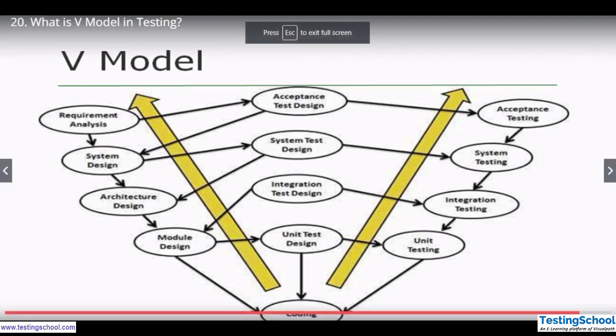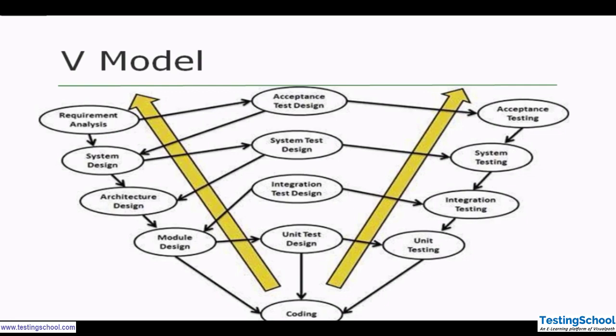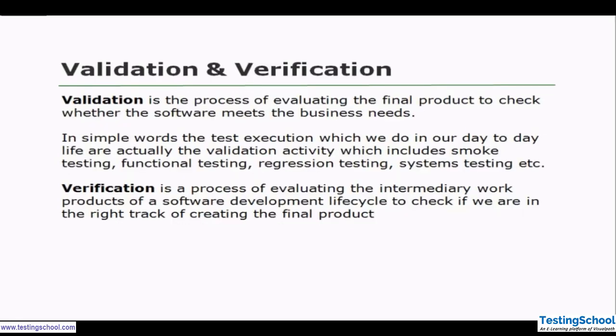So in the V model, the tester and developer work simultaneously to see the validation and the verification that is available in testing. So what is validation? Validation is the process of evaluating the final product to verify whether it is meeting the business need.